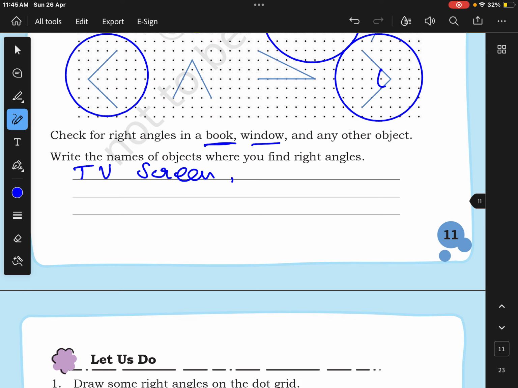Floor. Walls. And almirahs, you can say. Table. Anything else? Light.